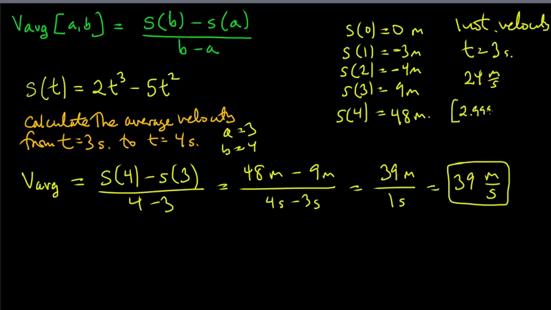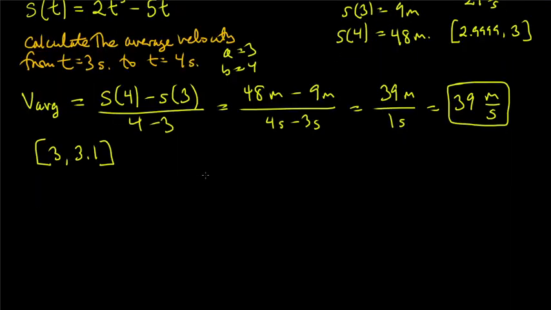So 2.9999 to 3 seconds. But I can also use, say, an interval from 3 seconds to something a little bit later, like maybe 3.1 seconds. Right? Or we can get even shorter, right? 3.01 seconds or 3.001 seconds. But let's do this one for now, right?